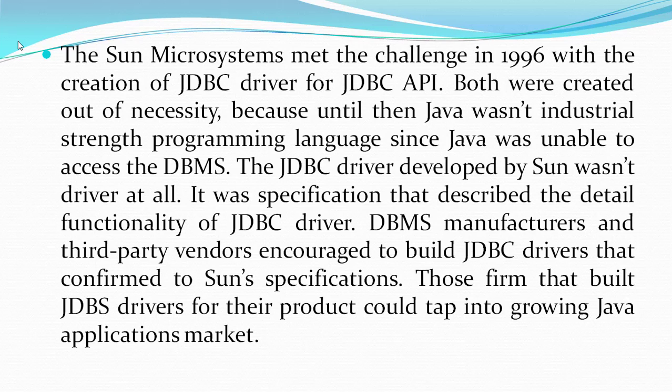Both were created out of necessity because until then Java wasn't an industrial strength programming language. Since Java was unable to access the DBMS, the JDBC driver developed by Sun wasn't a driver at all. It was a specification that described the detailed functionality of a JDBC driver.